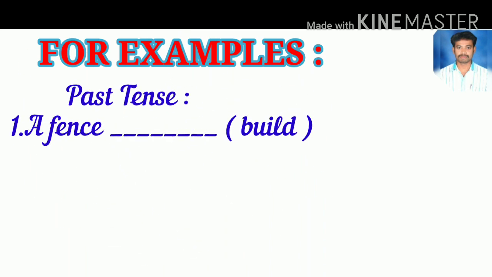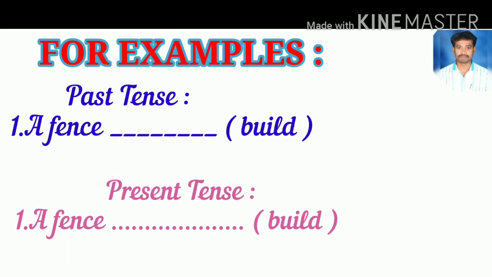Okay, in the past tense as well as in the present tense. The first example: a fence dash build. In the present tense also I am going to take the same sentence, a fence dash build. What are the answers for these two sentences?